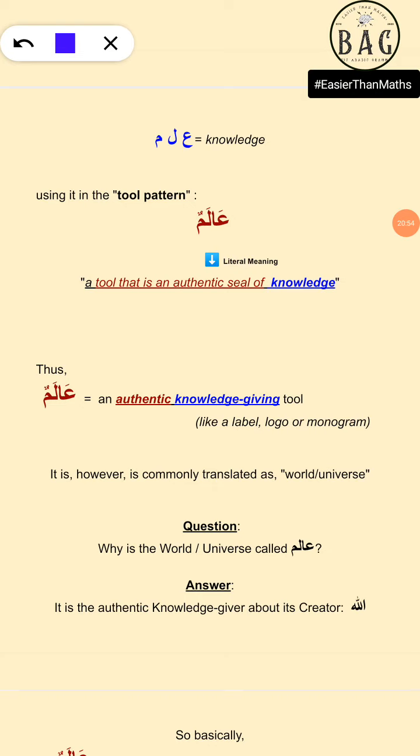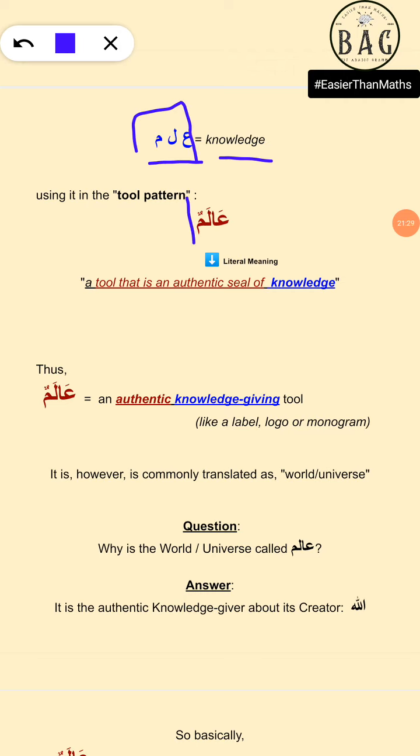Now I told you that there are root letters that mean different things. If we superimpose any root letter on the pattern of fa'alun, it would mean an accentuated and intense declaration that authenticates its meanings. So we have the root letters Ain, Lam, Mim, which means knowledge. Now use this set of root letters in the pattern of fa'alun.